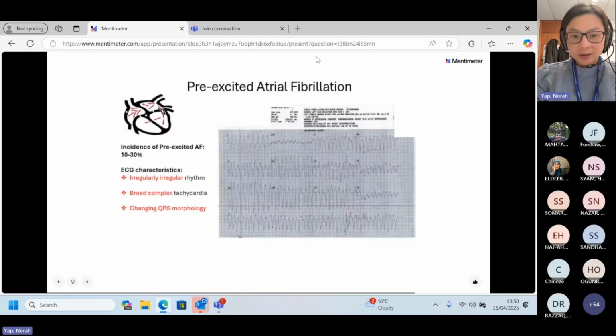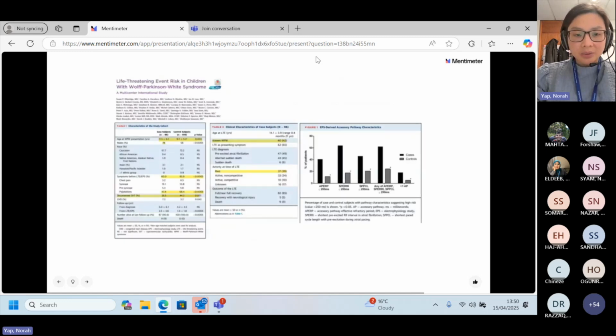Okay. And I just want to say that in this paper, I'm just going to summarize it very quickly, the patients who presented with pre-excited AF don't have to have previous palpitation or previous symptoms at all. They can present with pre-excited AF as the first presentation, and then go on to be diagnosed with Wolff-Parkinson-White or accessory pathway.